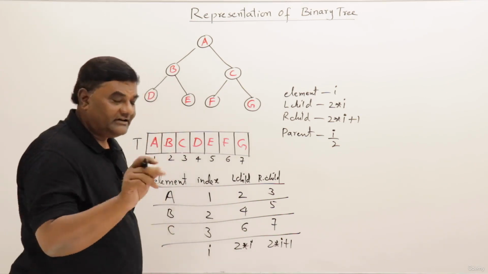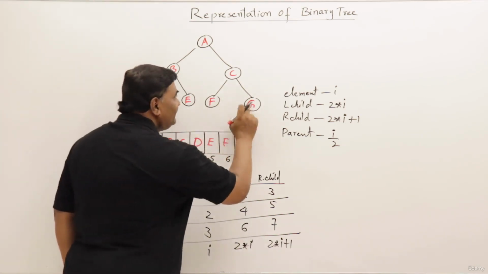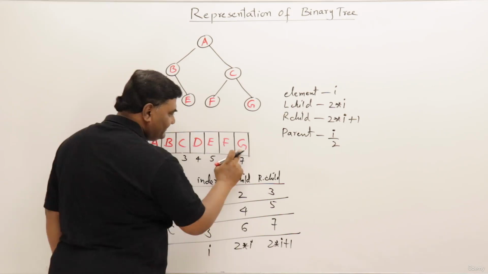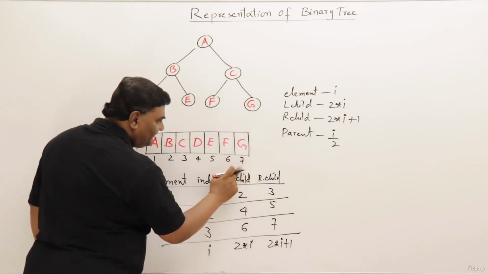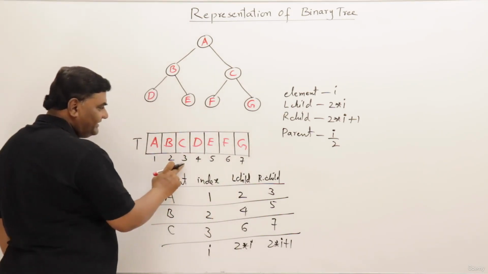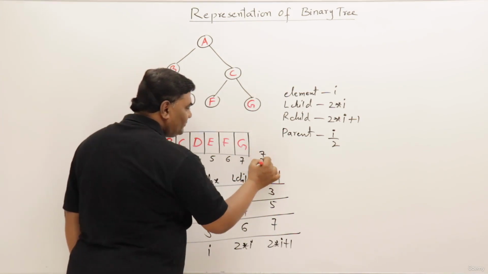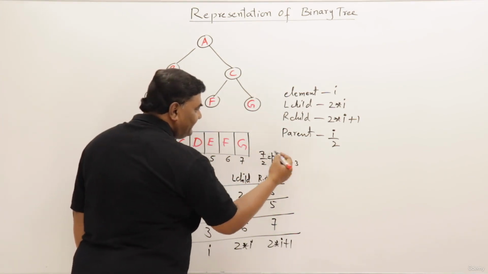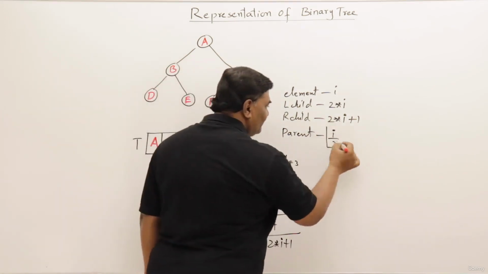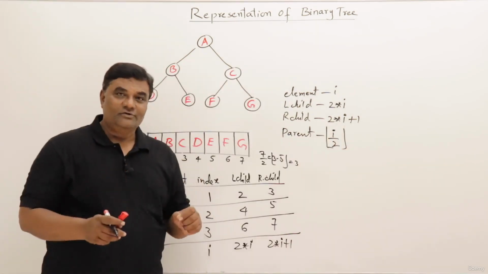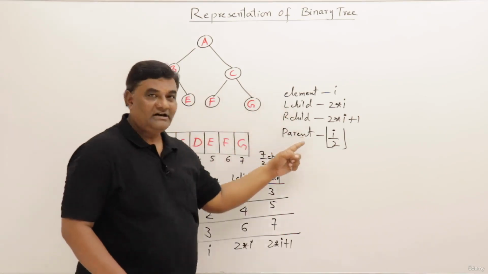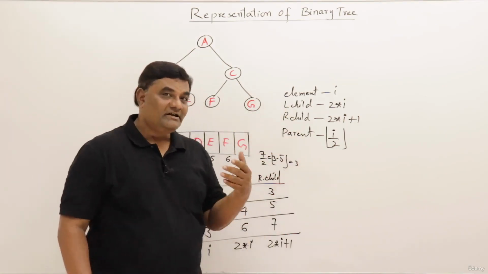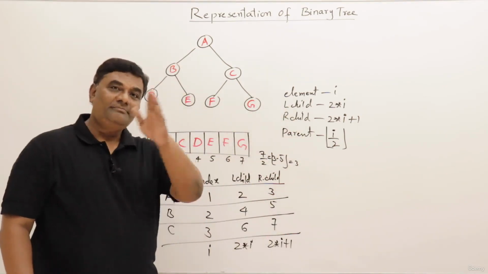So shall we take it or not? Let us check. G is a child of C. G is at 7. Where is its parent? At 3. So 7 by 2 is 3.5. So we should take the floor value, that is 3. So yes, this is the floor value. So for any node, these formulas will help us to obtain its left child, right child or parent.